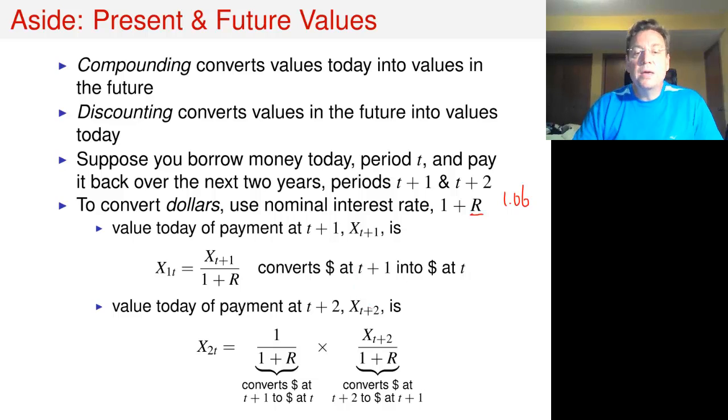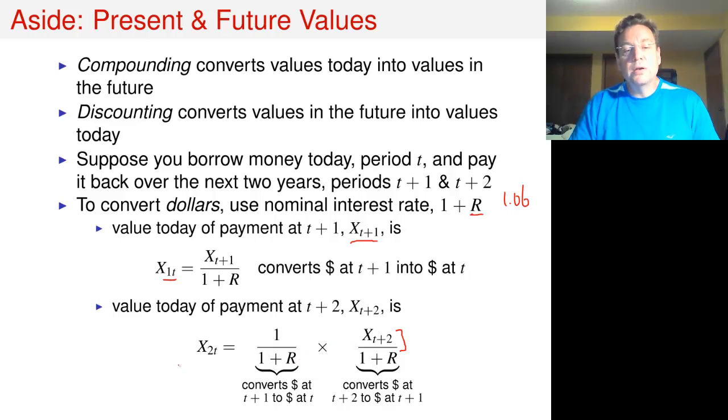If we take the payment that you make tomorrow, x_{t+1}, and divide it by 1 plus R, that converts dollars at t plus 1 into dollars at t. Then we do the same thing for dollars at t plus 2, except now we divide by 1 plus R twice. The first time takes dollars at t plus 2 and converts them into dollars at t plus 1, and then we convert from dollars at t plus 1 to dollars at t.